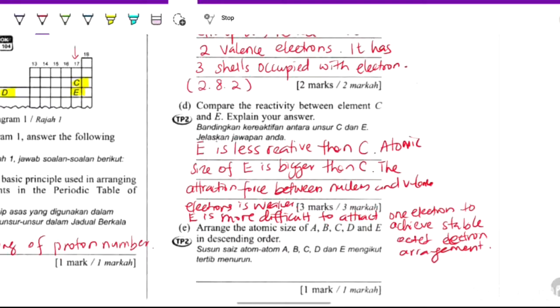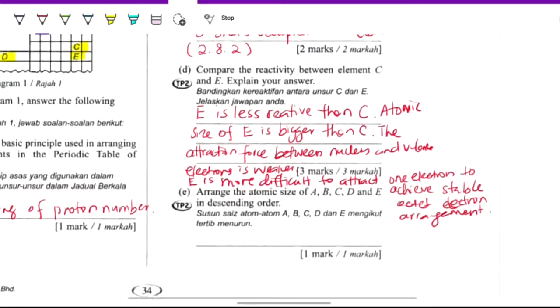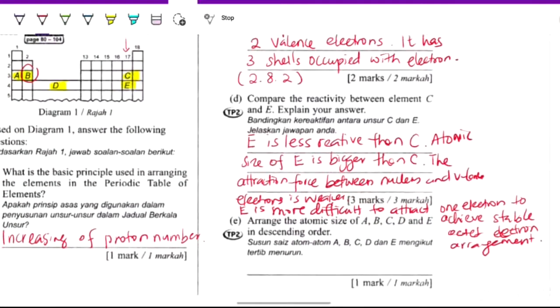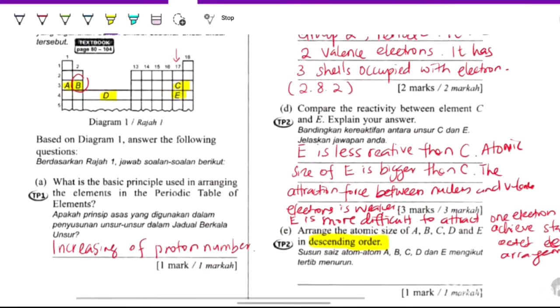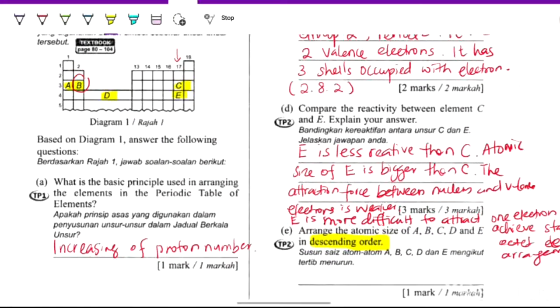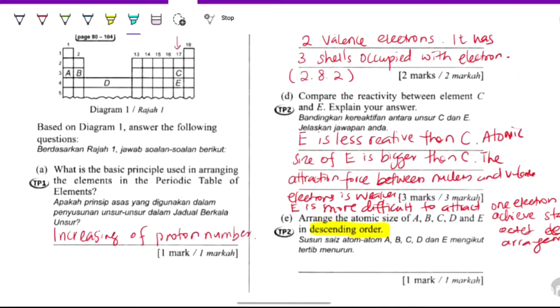Next, arrange the atomic size of A, B, C, D, and E in descending order. Descending order means from bigger size to smaller size. If it has more electron shells, it is bigger, so D and E will be bigger than A, B, C because they have 3 shells.